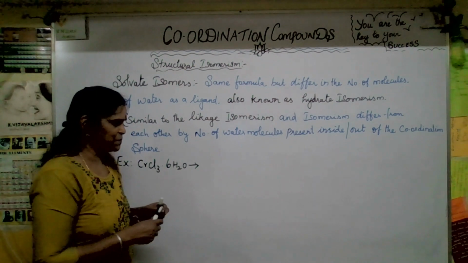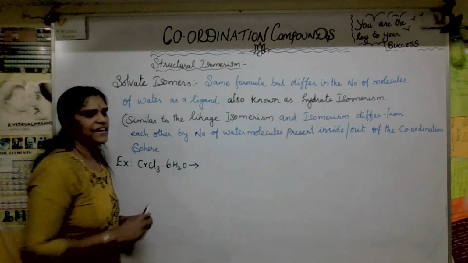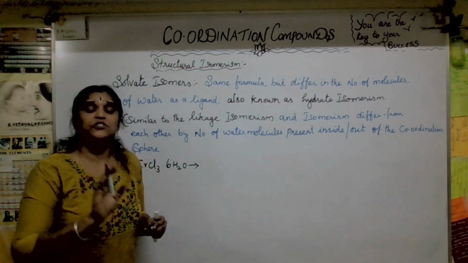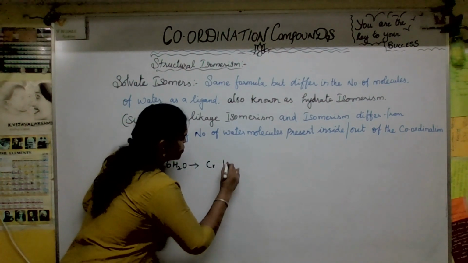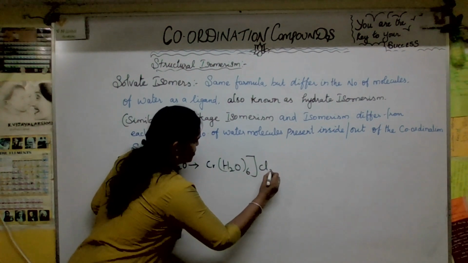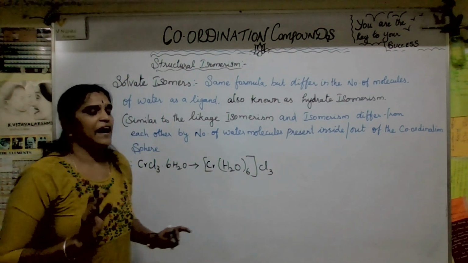They have given one formula, CrCl3·6H2O. Now, what are the compounds? How many isomers are possible? Here, [Cr(H2O)6]Cl3. So 3 chloride ions are ionizable.